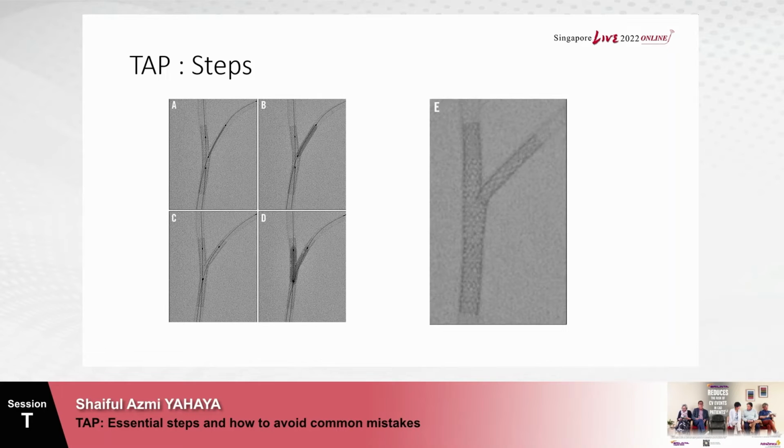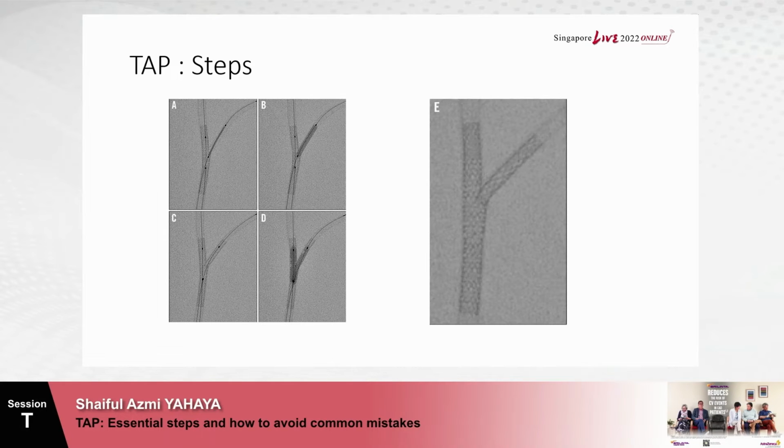So what are the steps? If you can see on the picture on the left, you have a main vessel stent that has been deployed, and then subsequently you will perform a kissing technique to open up the side branch. After putting another stent in the side branch, ensure that all the ostium is well covered by DES, leaving no geographical miss, and subsequently you can pull back the balloon from the stent into the main vessel to proceed with the final kissing.